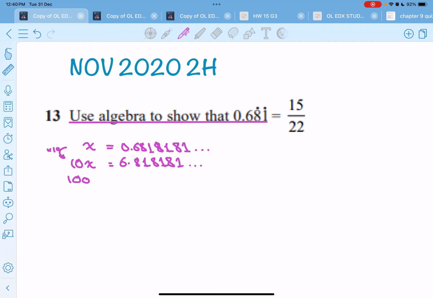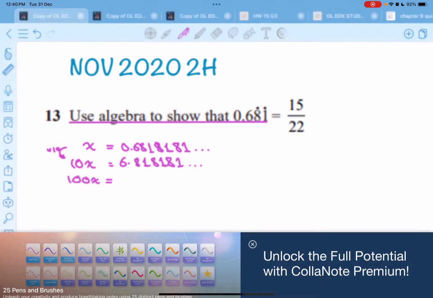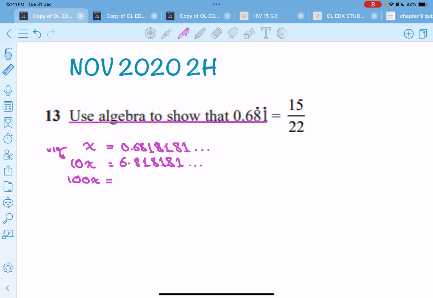Then 100x: I move the decimal one more place to the right, 68.18181 and so on.